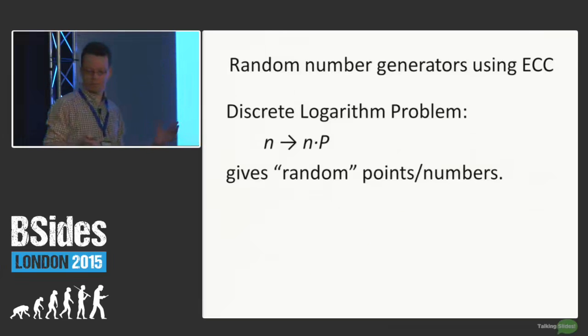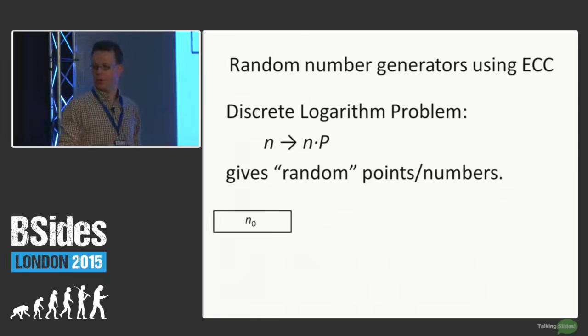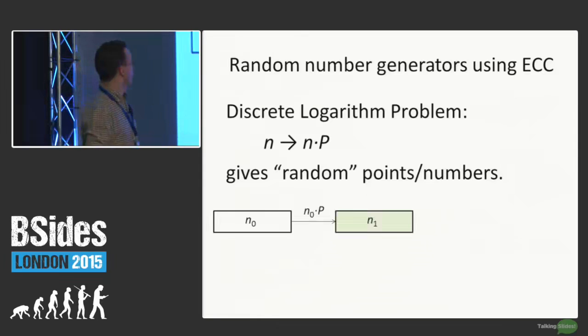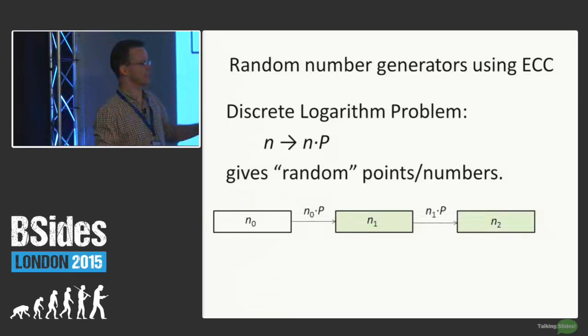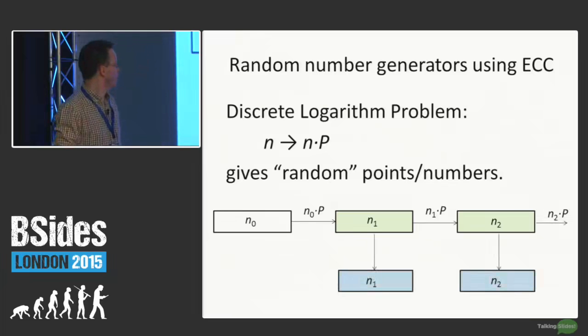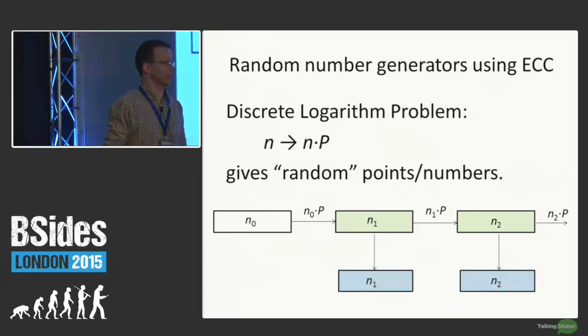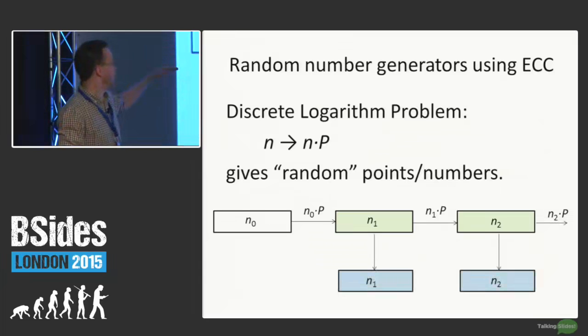So you can make an algorithm where you start with a seed n0, you take n0 times P, this is a number n1, you take n1 times P, you get the number n2, etc. And the output of the random number generator is just a series of n1, n2, etc. So you start with a random seed n0 using a point P on an elliptic curve, and you get a nice random number generator.